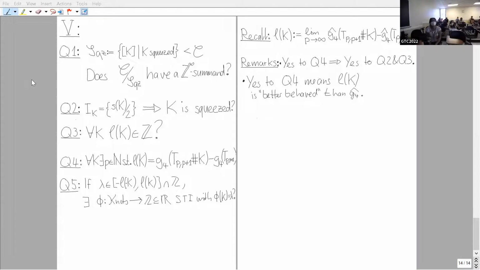Yeah, hey. Is there an analog for rational homology spheres and the homology concordism group using the invariants? It's a very good question. It can't be the invariants, I think. And I don't know.